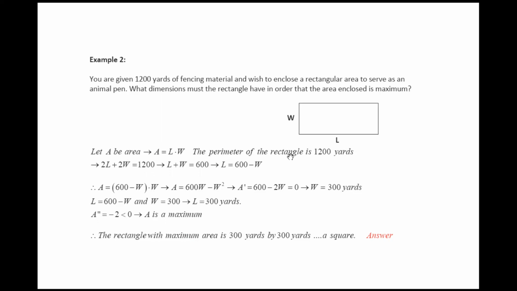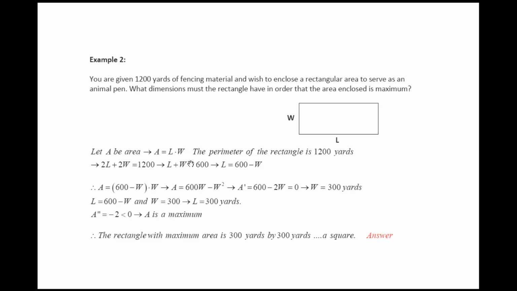Now the perimeter of the rectangle, that is the fencing that'll go around, is 1,200 yards. So that means we're going to have W plus L plus W plus L, or 2W plus 2L equals 1,200. Now, you do not have to do this, but we see that you can simplify this expression since everything is divisible by 2, and so we do that.